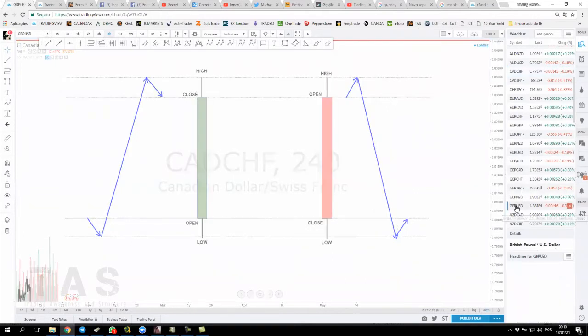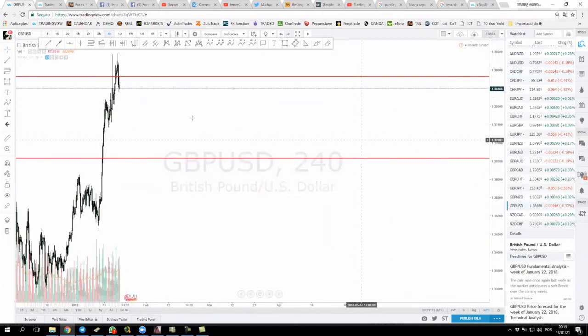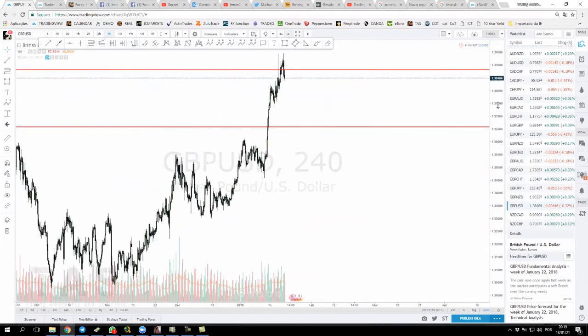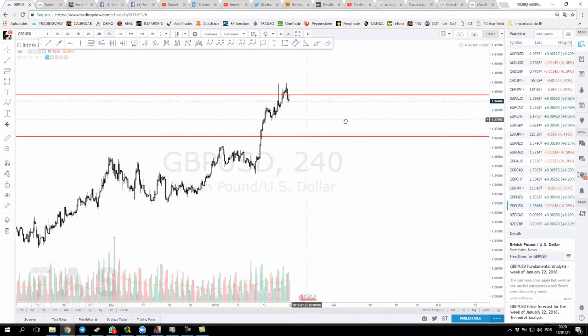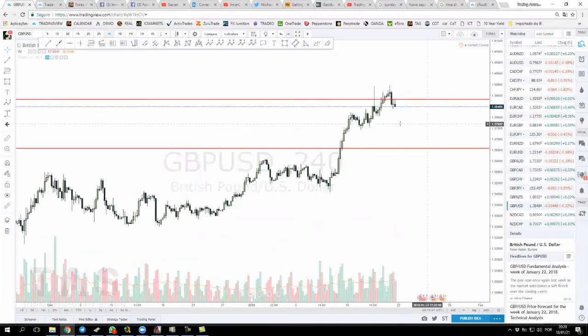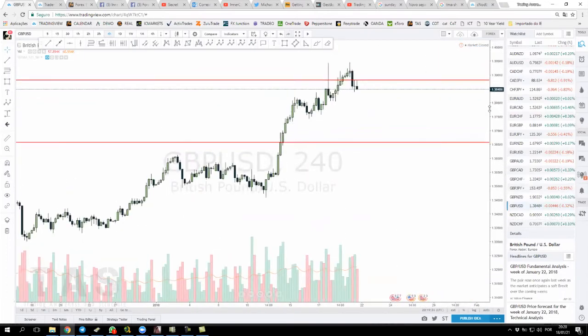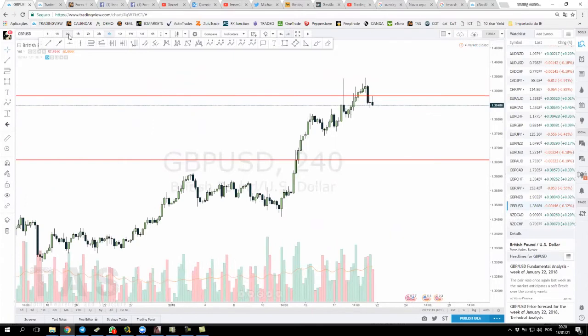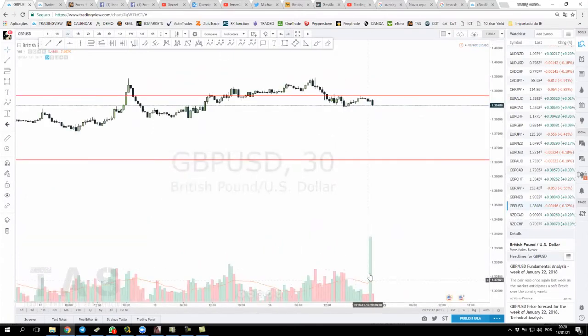and if you go on the pound dollar on the 4 hour, you really don't see it. But if you go to a lower time frame, you see this? Somebody was, you know, this is volume.